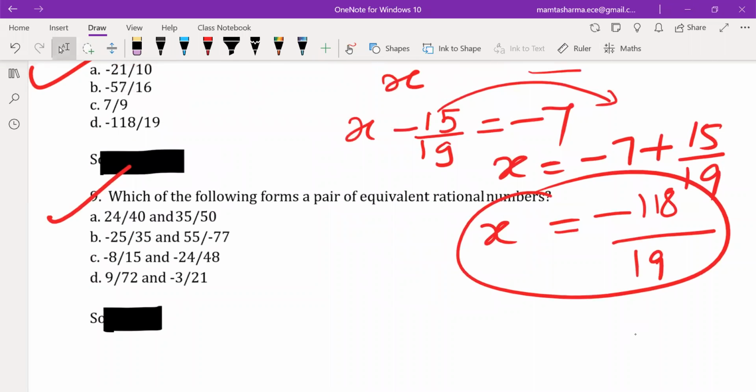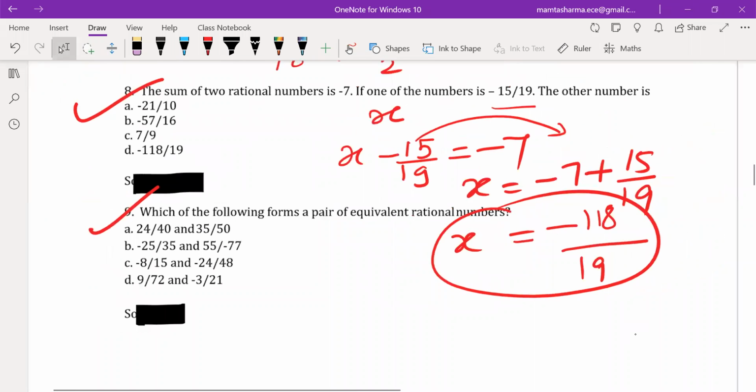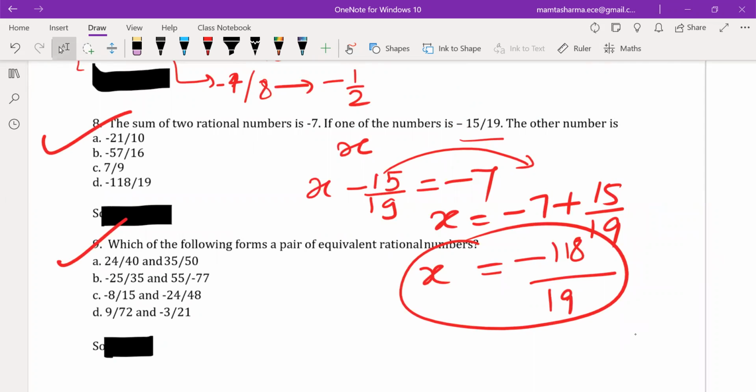Next question. So, all of you, are you getting the answer minus 118 by 19 for this question 8? Are you getting, Ananya? Yes, ma'am. Are you getting, Harshita? Ma'am, I only told. Okay.